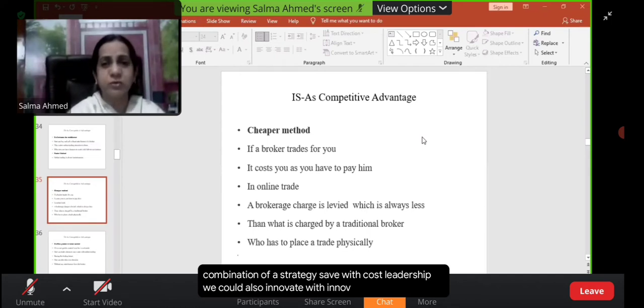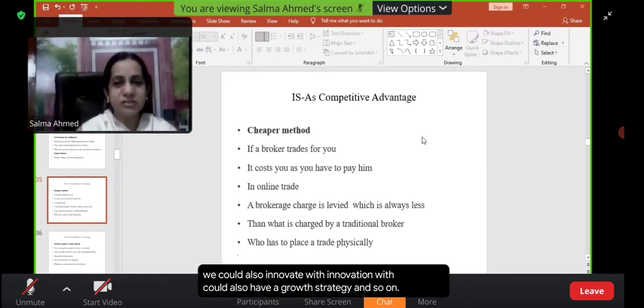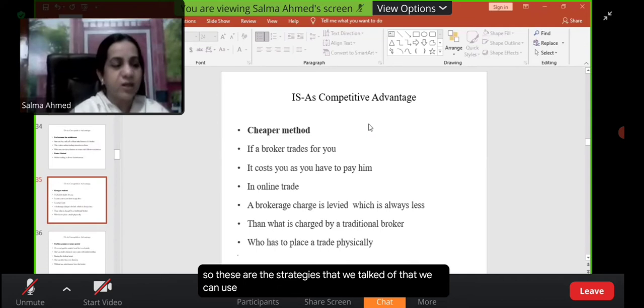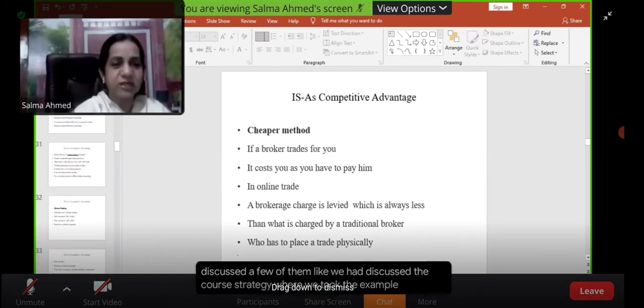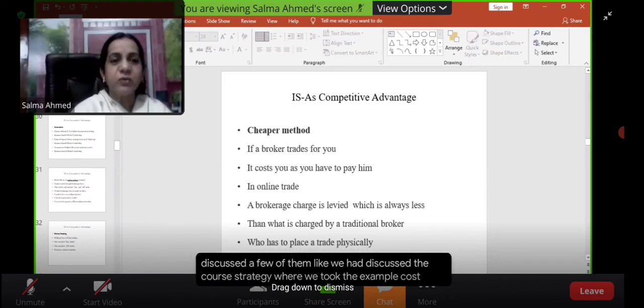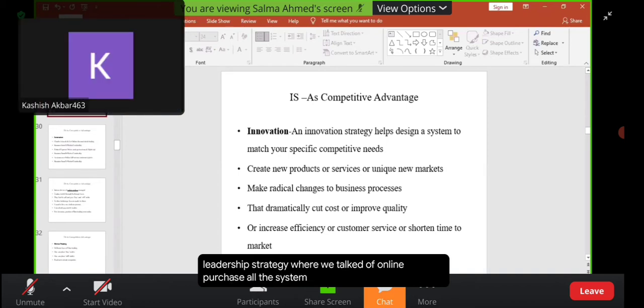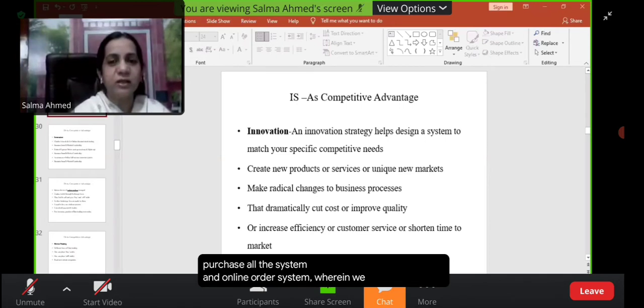So these are the strategies that we can use in order to ward off these threats. We had discussed a few of them, like the cost leadership strategy, where we took the example of an online purchase order system, wherein we reduce the paperwork that we were earlier engaged in.